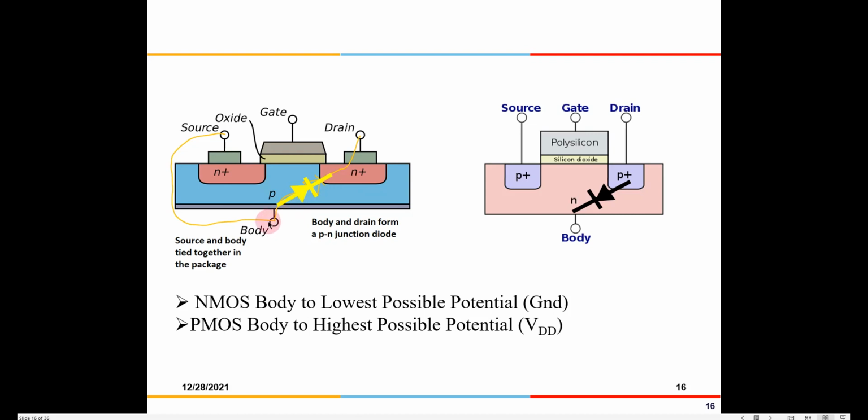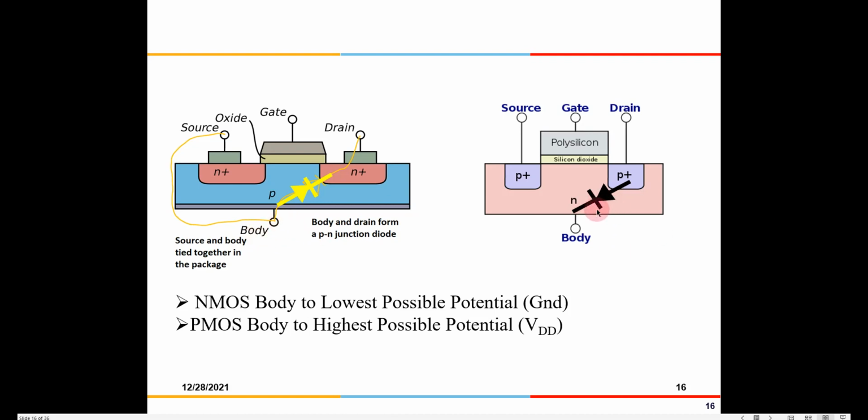So you have to ensure that this body is connected to the lowest available potential in the circuit. Okay, so you have to take care whenever you are designing a circuit, the body of the NMOS should be connected to the lowest potential available in the circuit. So in digital circuits, we can say it has to be connected to the ground.